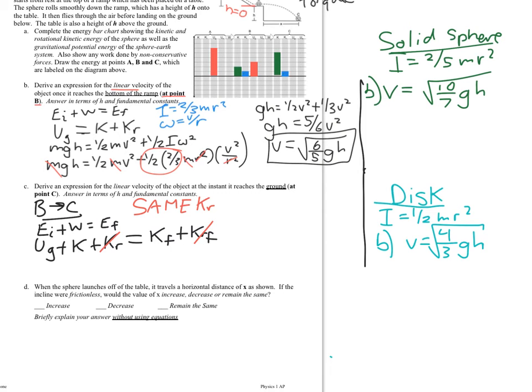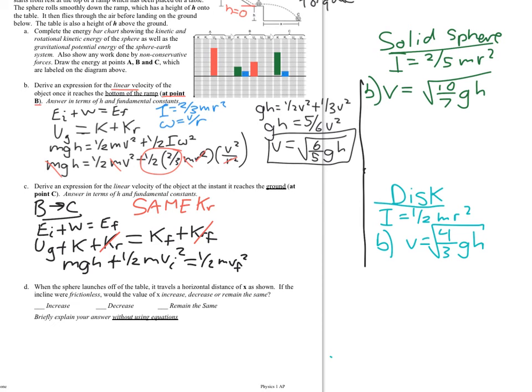And so what I'm left with here is mgh for my gravitational potential energy plus 1/2 m times v initial squared equals 1/2 mv final squared.